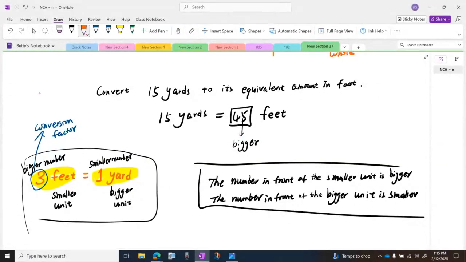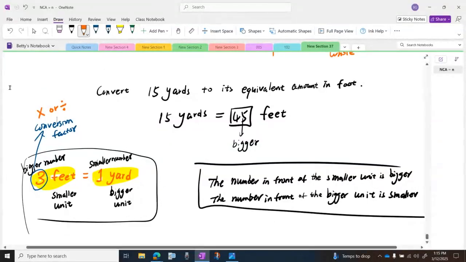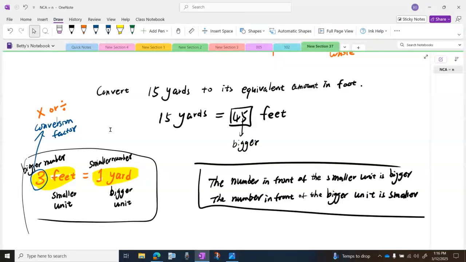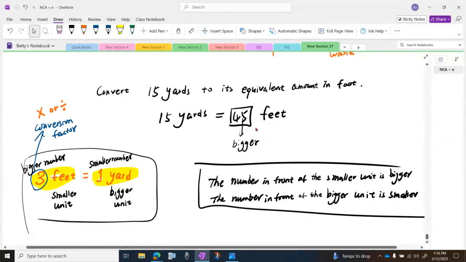So the key step of applying this method, I don't really have a name for the method, it's my own method, is you multiply or divide the given number by the conversion factor. Do you need to multiply or divide?